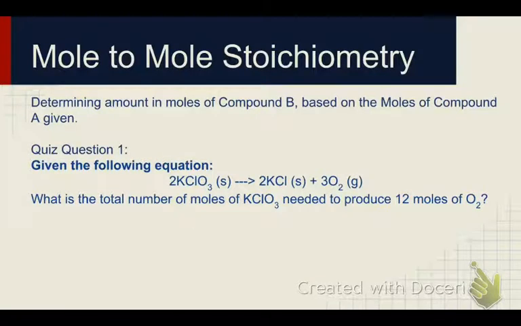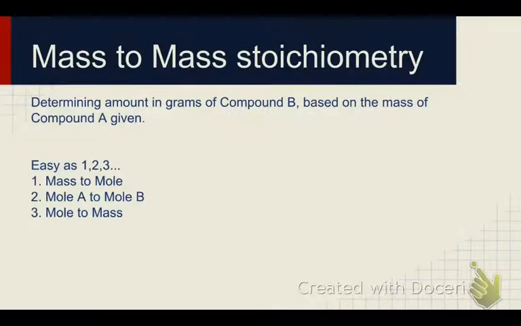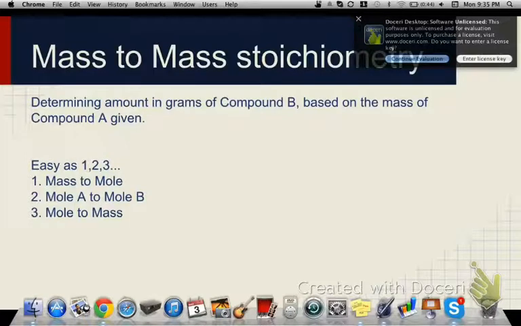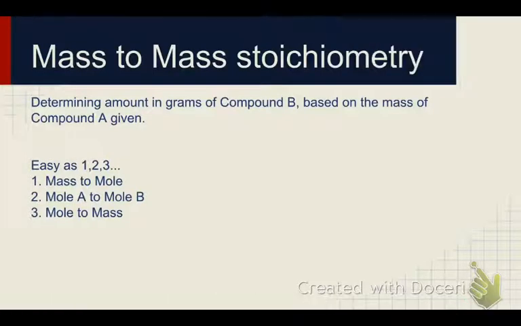So, now that's just plain mole to mole. That says that I'm giving you moles of A, and I want to figure out how many moles of B. However, like I said, it's not always easy to go from moles to moles. That's not how it's really going to work. Most of the time I'm going to give it to you in masses.